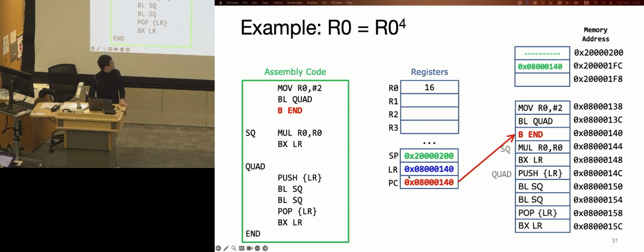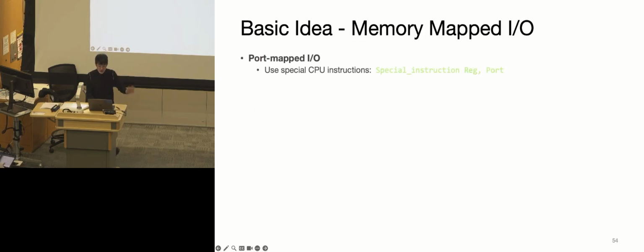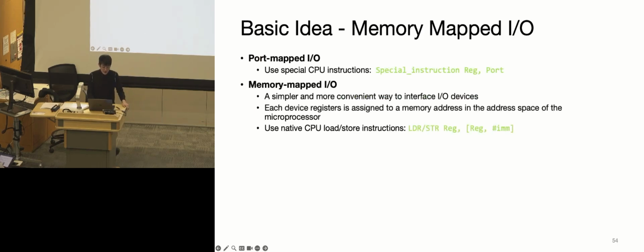Okay, let's go to the next part. So MMIO, we kind of covered it across the slides, but let me just push this through faster. There are two basic types of memory mapping. First is port mapped, which is very common inside general purpose computers. They have a port specifically at a location.